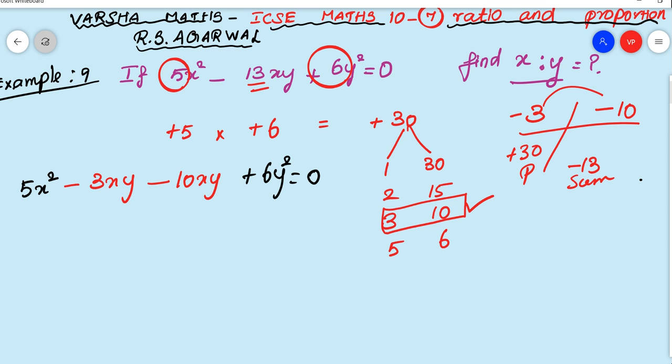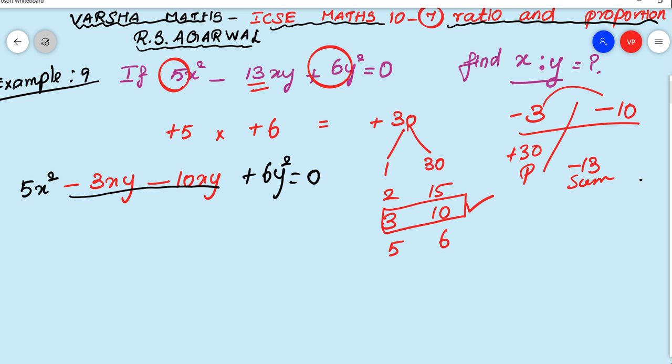We have split the 13xy into minus 3xy and minus 10xy. This is a very important step. If we add we get minus 13xy, and if we multiply we get plus 30xy. I have chosen the right pair.